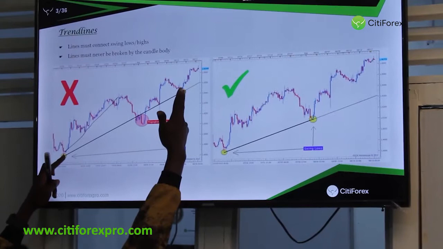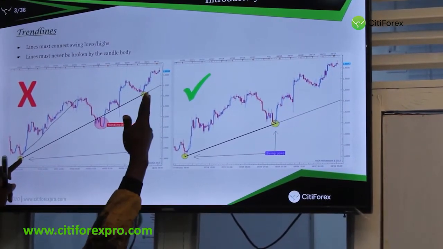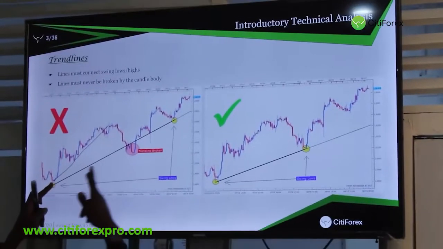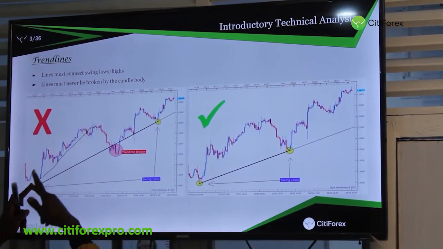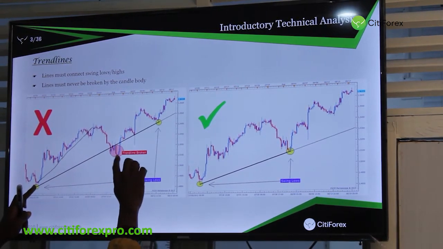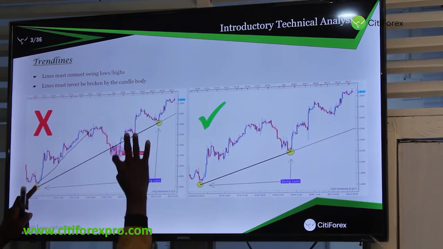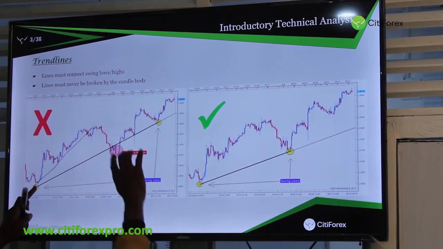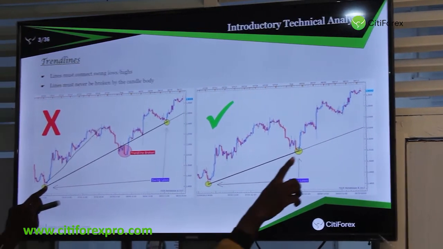But you don't do it like that. You have to pass through the swing low. At a point, this was our swing low, so we use here. Then later, we now have this as swing low. And the reason why this became swing low is because it passed this top here. Once it passes this top here, it becomes the next valid swing low. That's exactly what was drawn here.